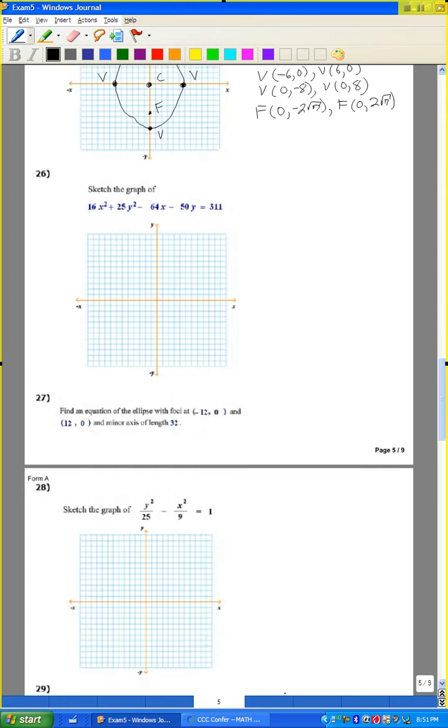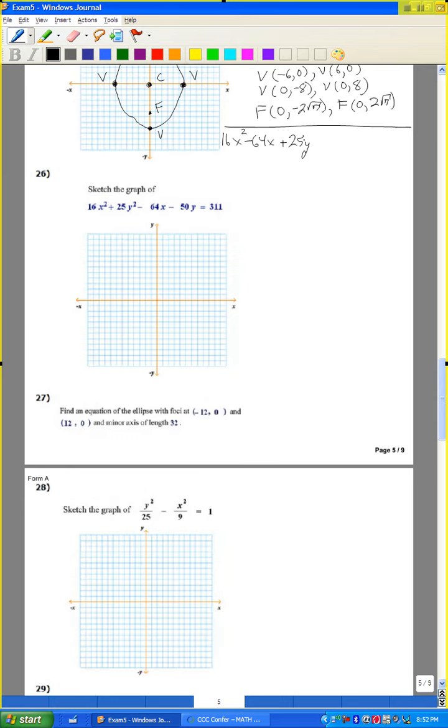Okay, so let's do problem 26. Let's try to complete the square. So let's write this, and I'll give more room. I have here 16x squared minus 64x plus 25y squared minus 50y equals 311.